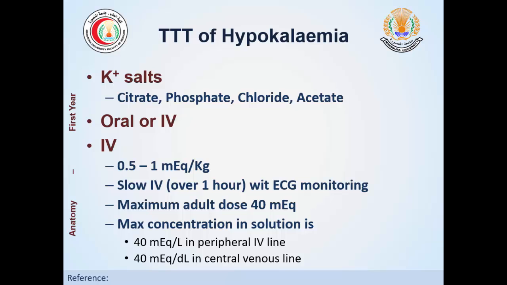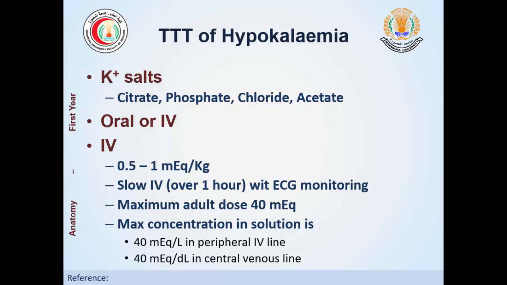If you give it intravenous, half to 1 milli equivalent per kg, slow intravenous with ECG monitoring, and the maximum adult dose is 40 milli equivalent. The maximum concentration in solution is 40 milli equivalent per liter in peripheral intravenous line and 40 milli equivalent per deciliter in central line.